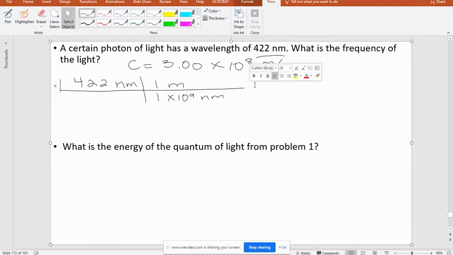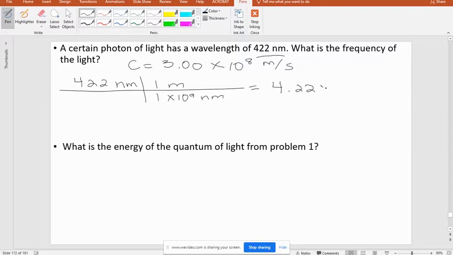So I'm going to convert that over and grab my calculator here. And that ends up being 4.22 times 10 to the negative 7th.